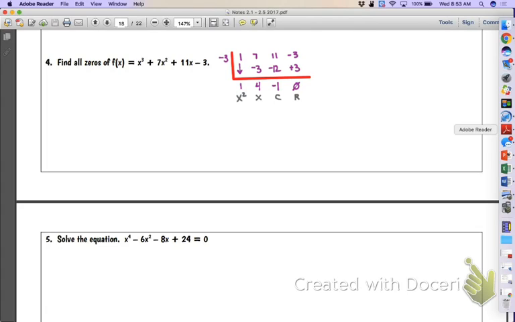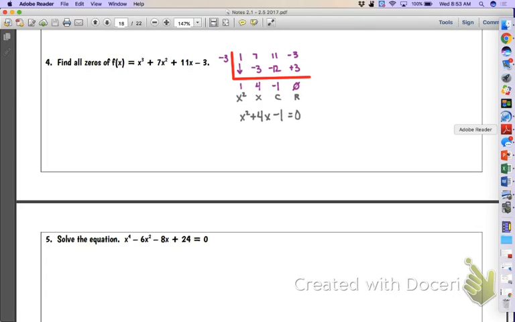So I have x squared plus 4x minus 1. I still have to solve this. If I set it equal to 0, I can't factor it, and I can't do synthetic division. So how do you want to go about solving this one?